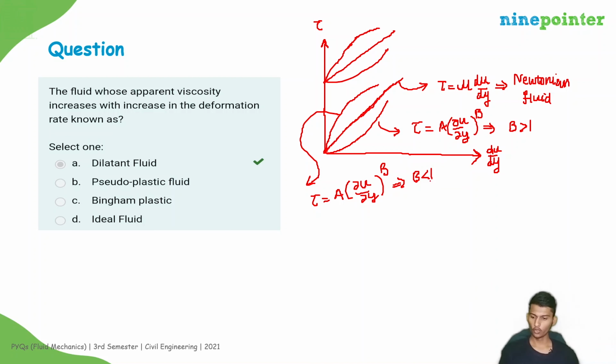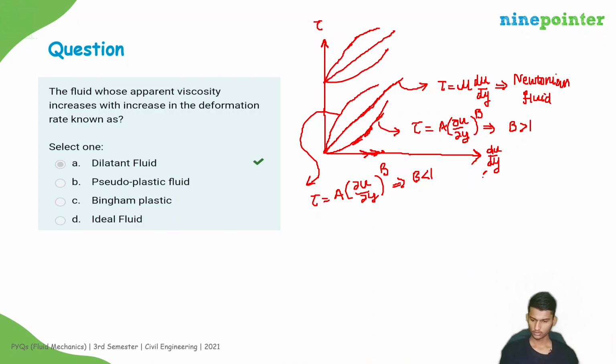If you see over here, as the shear strain rate is increasing, the value of shear stress is increasing, right? Means the shear stress is increasing on increasing the shear strain rate.